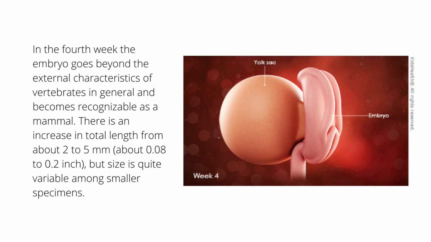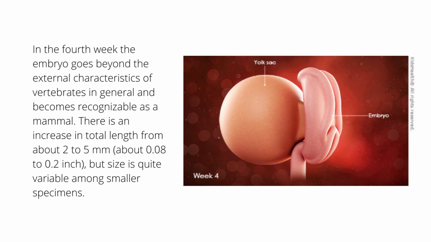In the fourth week, the embryo goes beyond the external characteristics of vertebrates and becomes recognizable as a mammal. The week is marked by profound changes during which the embryo acquires its general body plan, and there is an increase in total length from about 2 to 5 millimeters, about 0.2 inch, but size is quite variable.